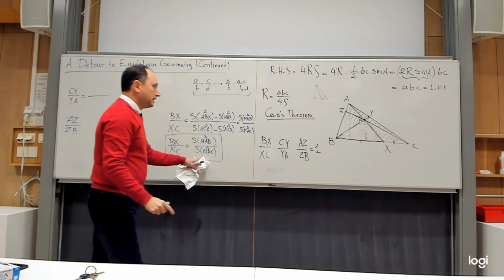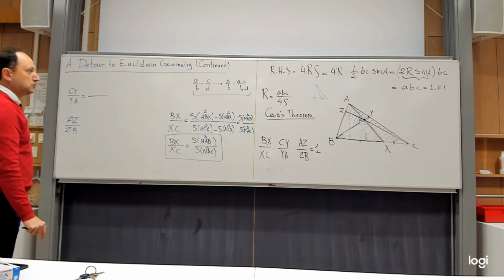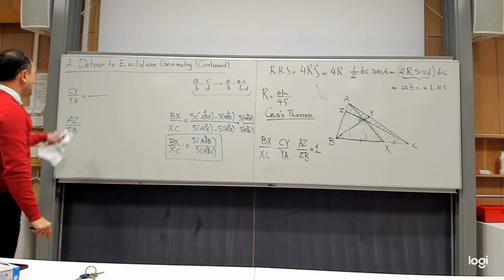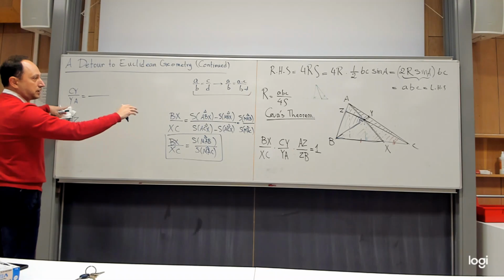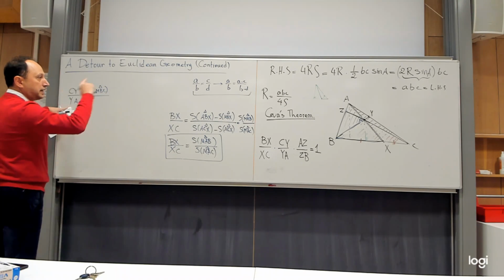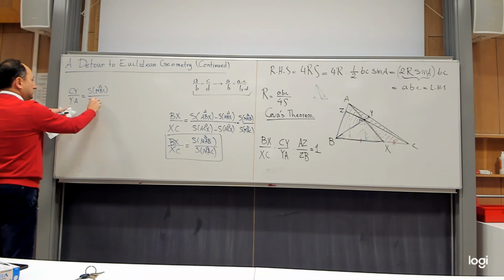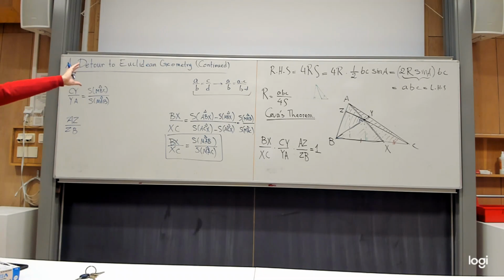Yes? Now we go back here and CY over YA. So what is CY over YA? I can write it as triangle MBC over AMB. Yes, I want you to convince yourself. Is that right if you look from that angle? Otherwise, if you don't believe, you have to repeat this process two more times.